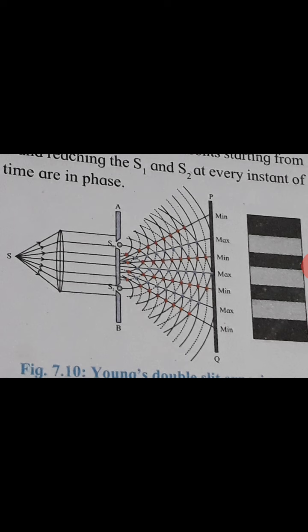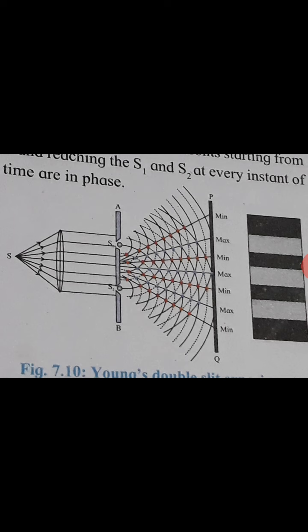S is the main source of light, which is sending the light waves. Now why is this convex lens kept in front of the source? The convex lens will help us get parallel rays of light.